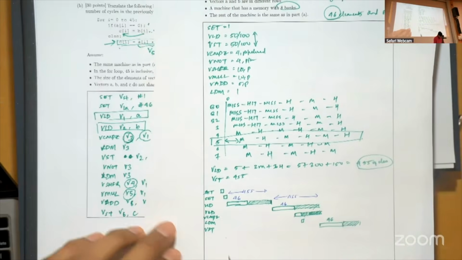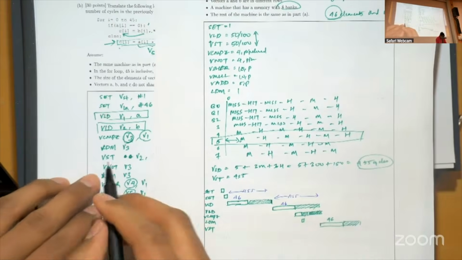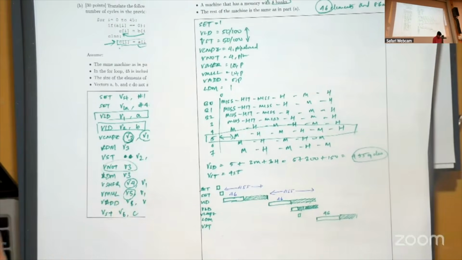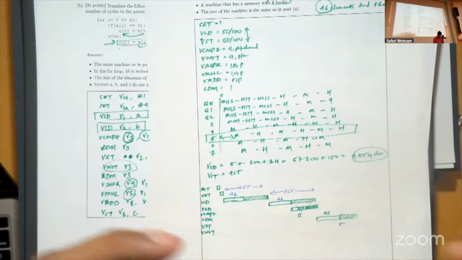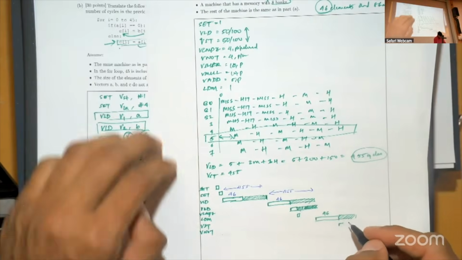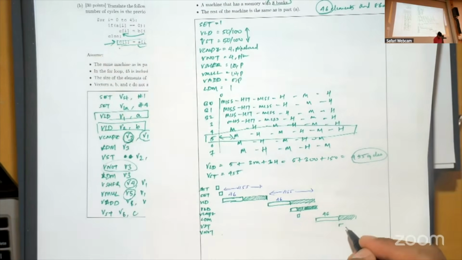vStore, and vNot relies on V3, which is again already available. So you can hide it behind this portion here, between the portion where the memory banks are busy. vNot takes 4 and it's pipelined, which means this portion here is going to be 4. It's going to be hidden behind the latency, the pipeline.